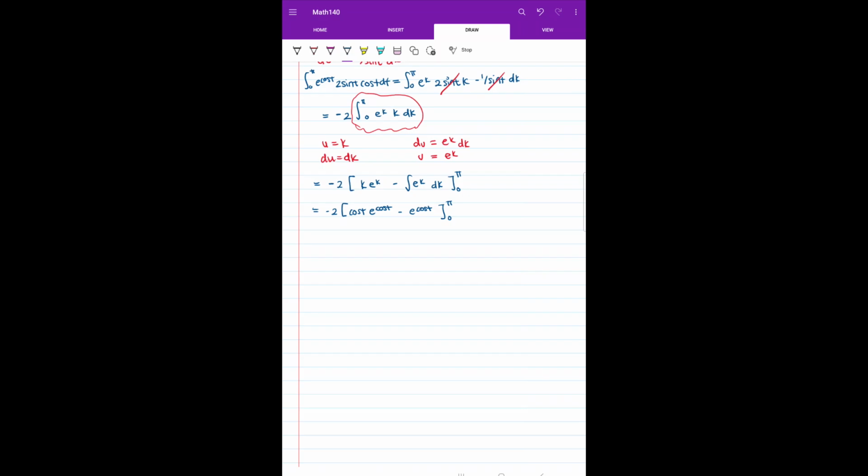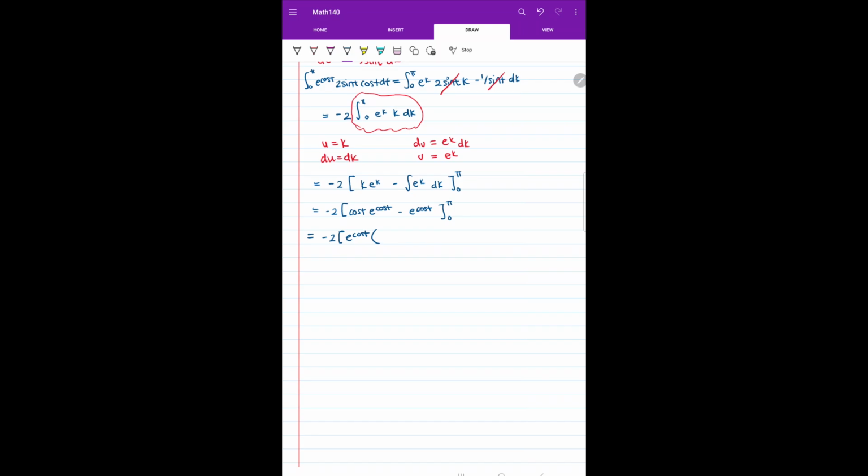Now all that's left to do is apply the FTC part 2 and just sub in our bounds. So minus 2 times. Now, before I do that, I think I want to factor out an e to the cosine t.